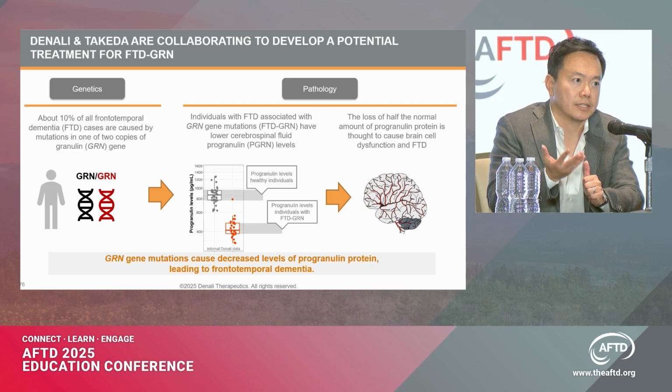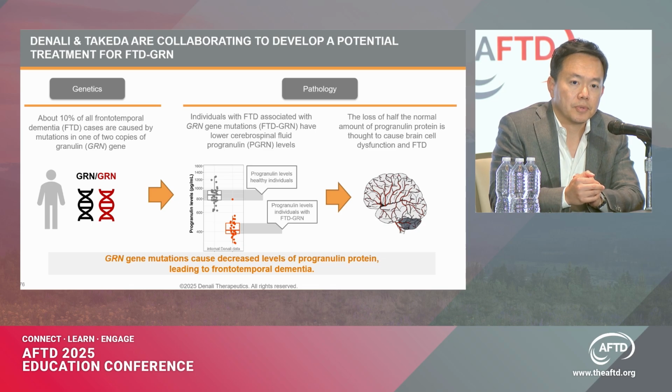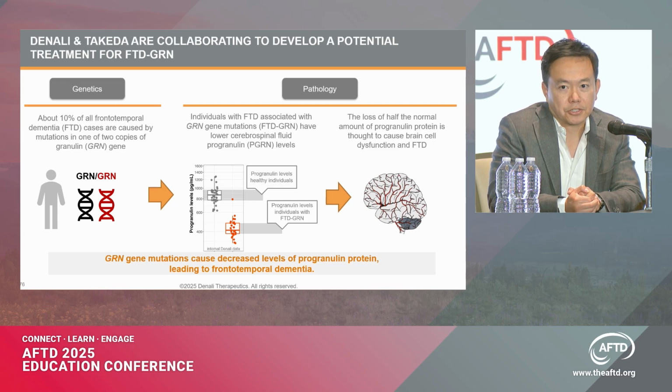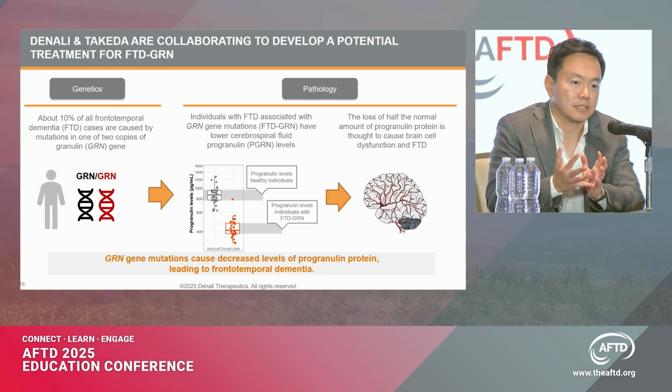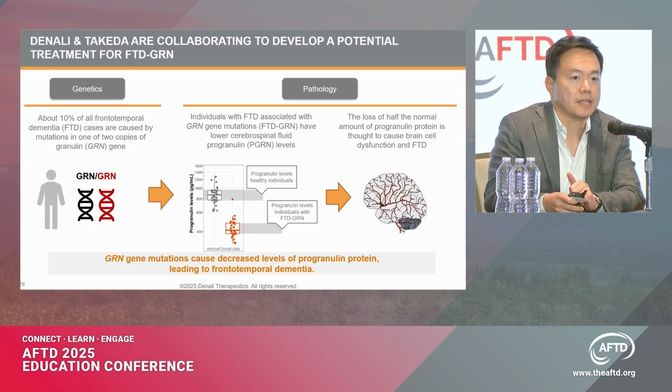When we measure it in the CSF or blood, we can see that patients affected oftentimes have 50% or 30% of the normal amounts of progranulin protein. It is thought that it is this loss of progranulin protein that's causing all the symptoms in FTD. So our treatment hypothesis is actually really simple. If patients are missing this protein, why not give it back?